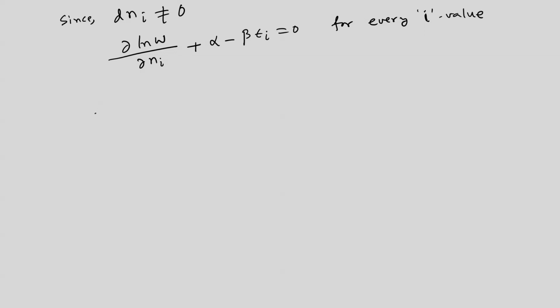So, from there you can write minus ln n_i plus 1 plus alpha minus beta epsilon_i gives us 0.